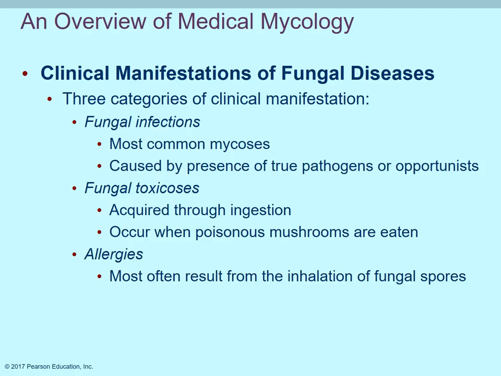This is going to be the most common type. It can be caused by either the true pathogen or the opportunistic ones. The second is fungal toxicosis, which is basically you acquire it by ingestion, and it is where the fungus is producing a toxin or a poison, and it's actually the toxin or the poison that's making you sick. And then the third type is allergies, and that's usually when you inhale the spores.